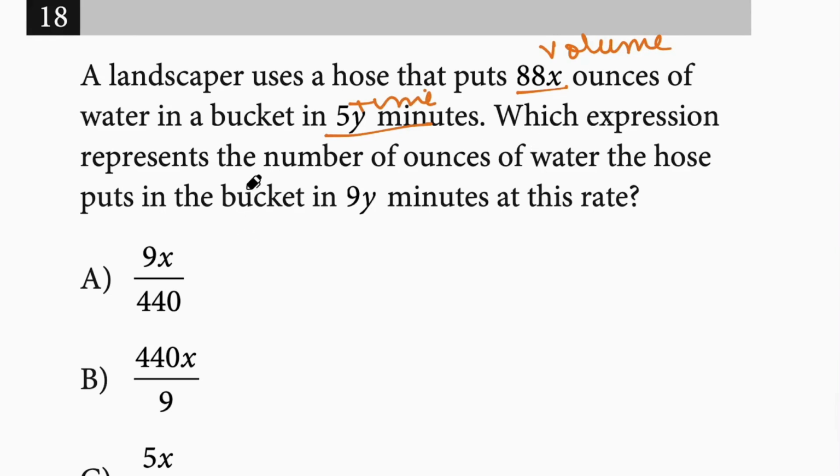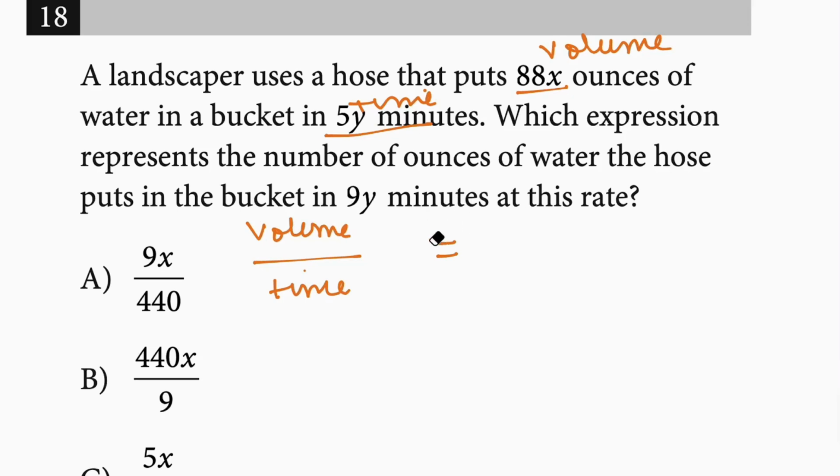Which expression represents the number of ounces of water the hose puts in the bucket in 9 minutes at that rate? So we are talking about two situations where volume and time are considered. So that means we can solve it by the ratio method. If I take volume as the numerator and time as the denominator, this is what I am taking here.